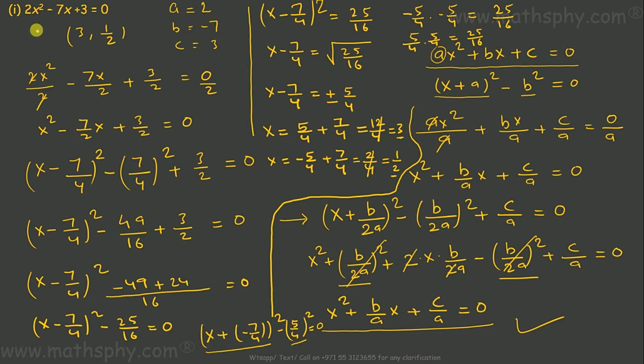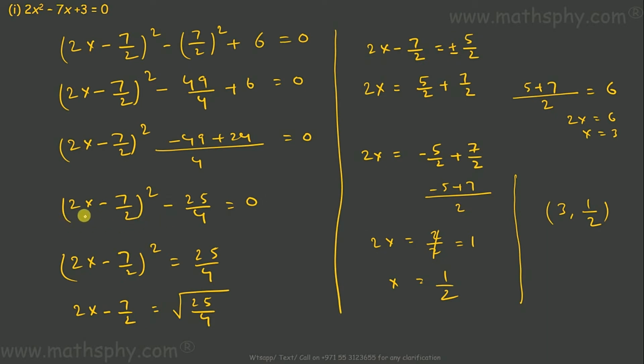When this equation is converted to this piece here, meaning x plus a whole square minus b square equals 0, I could find out these roots here. Same happened here. This piece here, this is 2x plus negative 7 over 2 whole square minus this is 5 over 2 whole square equals 0.